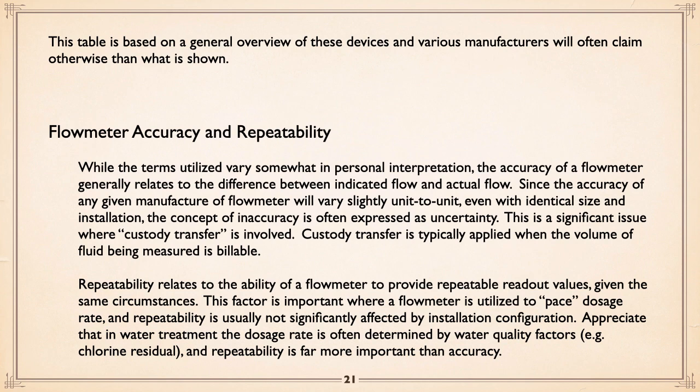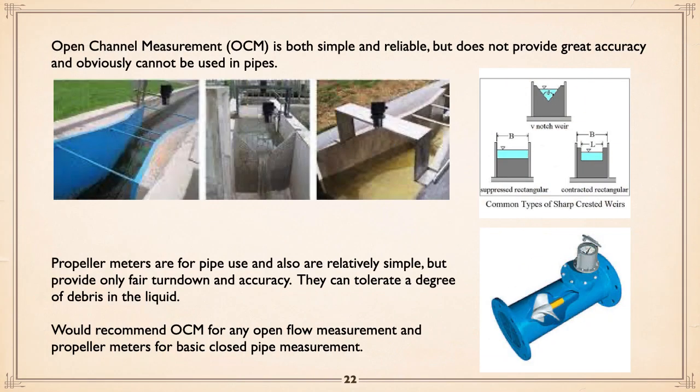Now let's go into a little more detail on all the different types. Open channels, and there's different types of weirs that are used. Basically, these are put in a channel, so you can have a venturi or whatever.